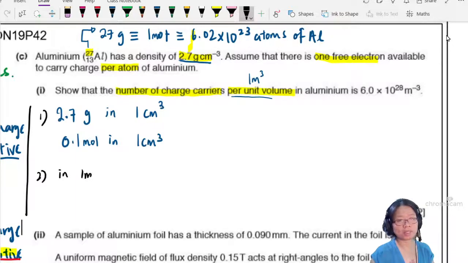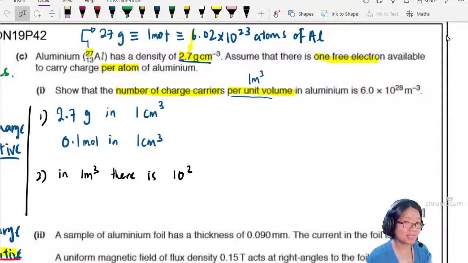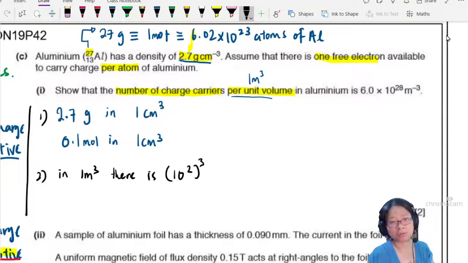So if we have 0.1 mole of aluminium in 1 cm cube, number 2, in 1 meter cube, there is 10 to the power of 2. In 1 meter, there's 100 cm, 10 to the power of 2 cm. So in 1 meter cube, there's 10 to the power of 2 to the power of 3 cm cube. So you are talking about 10 to the power of 6.